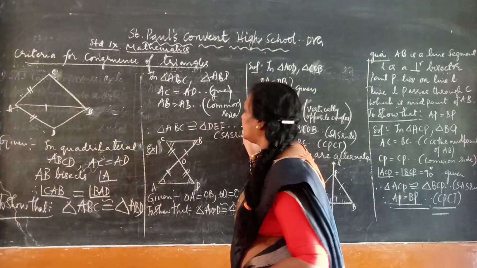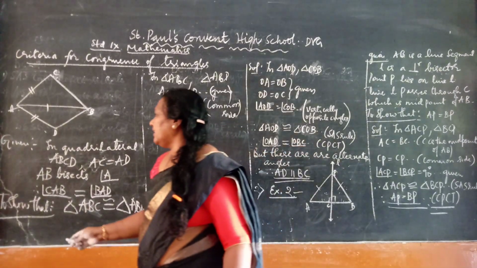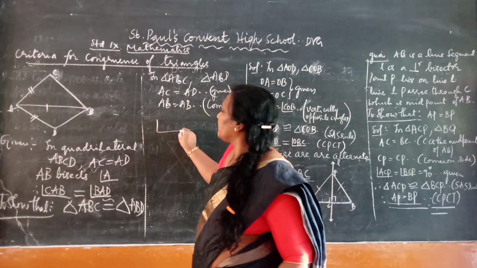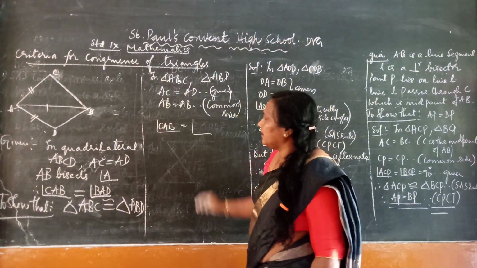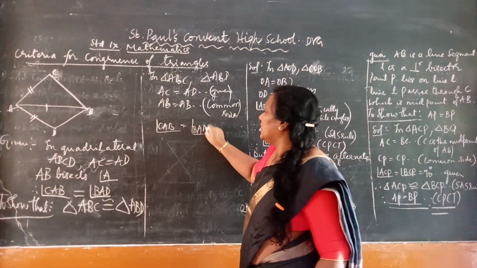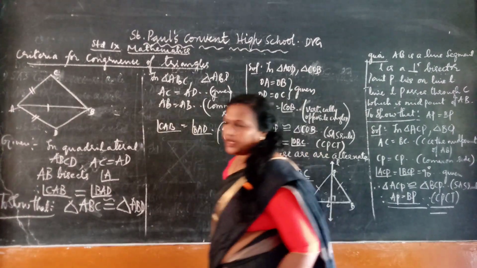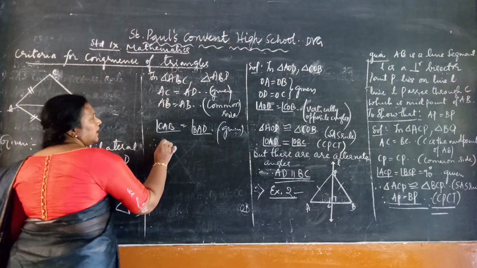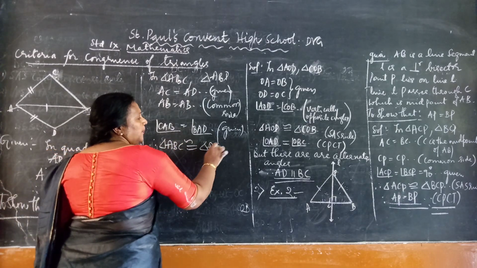And which angle is equal to which angle? You see that angle CAB is equal to angle BAD. This is also given. Therefore, you can write triangle ABC is congruent to triangle ABD.